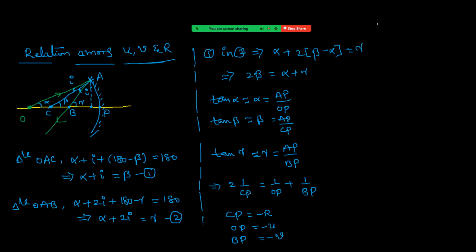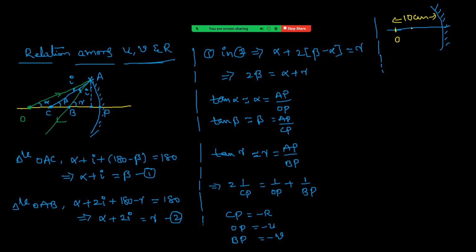Do one thing to understand. I will take one example here. This is the mirror. Let us say the distance of object is 10 centimeter.